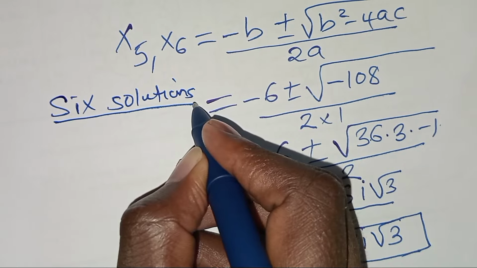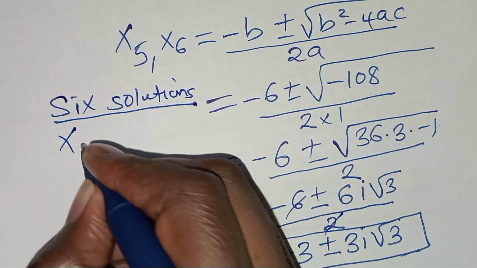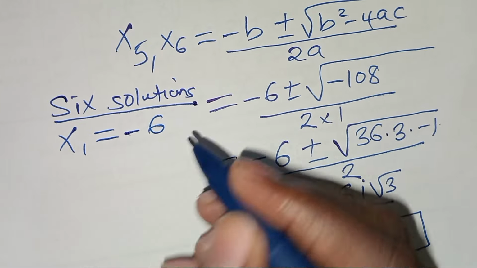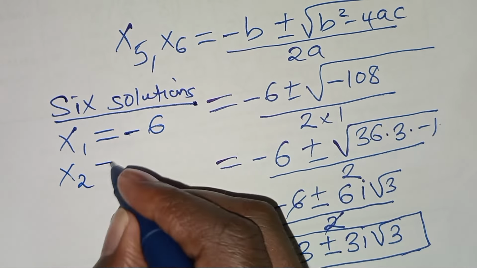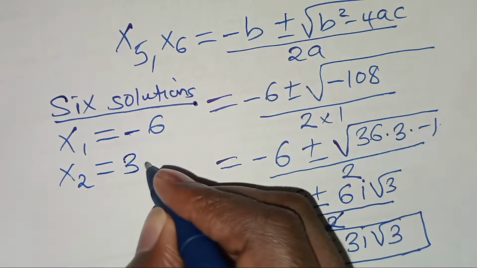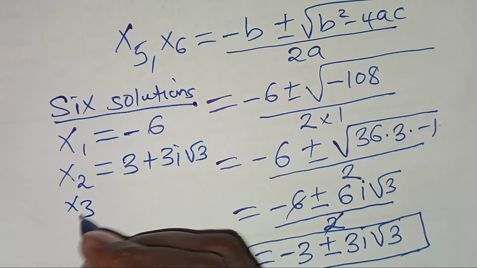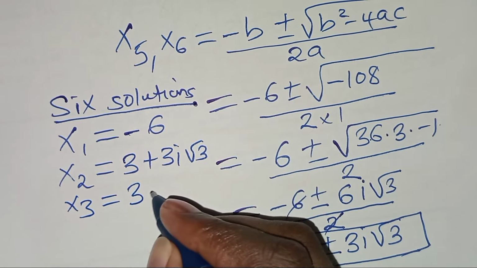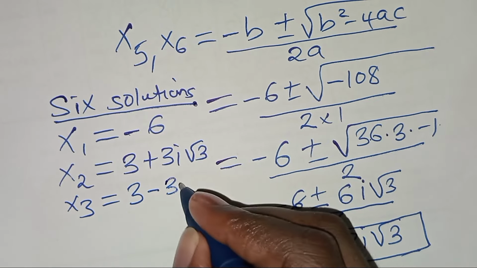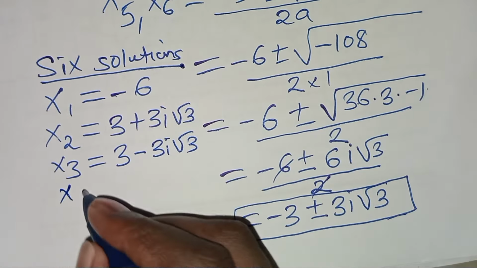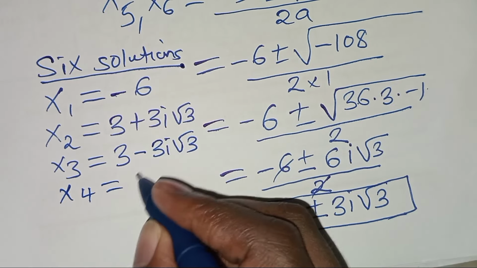The first thing here, we have x1, which is basically equal to negative 6. We have x2, which is 3 plus 3i square root of 3. We have x3, which is 3 subtract 3i square root of 3. We have x4, which is equal to 6.